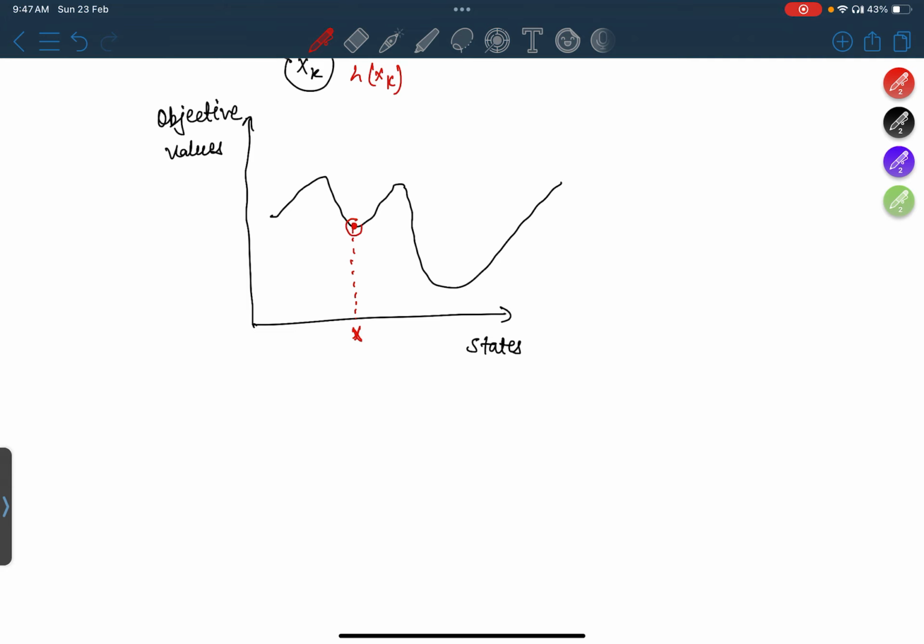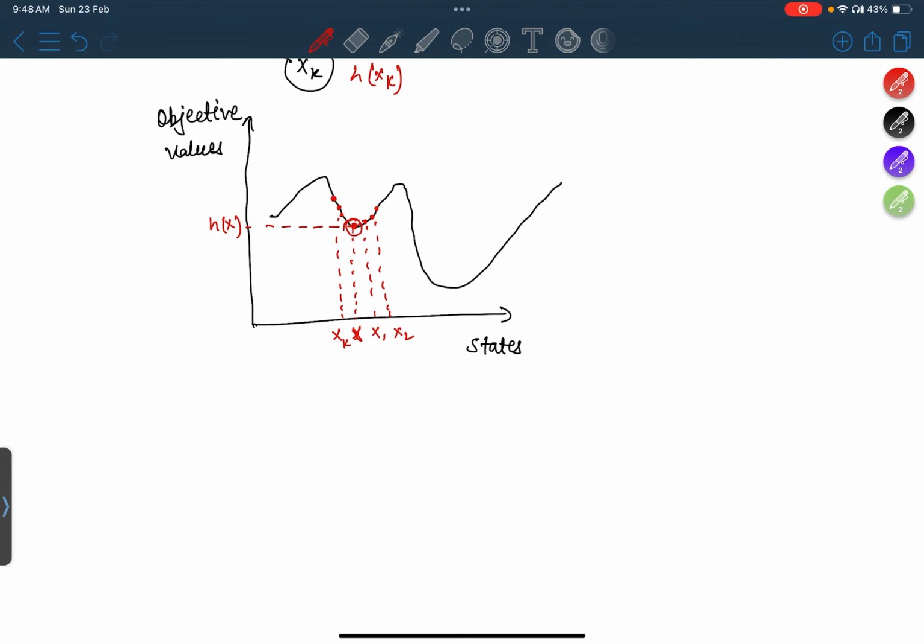You realize that h of x is smaller, and these are the neighbors of x, x1, x2 and so on. You realize that the values of all the neighbors are larger.